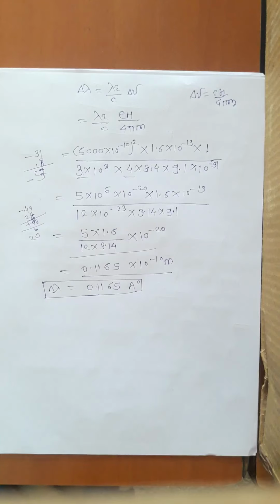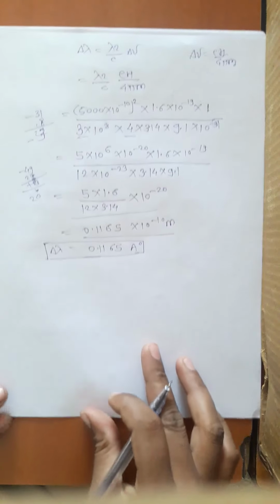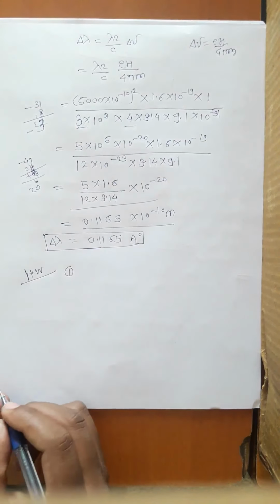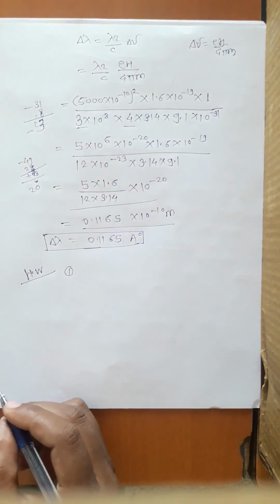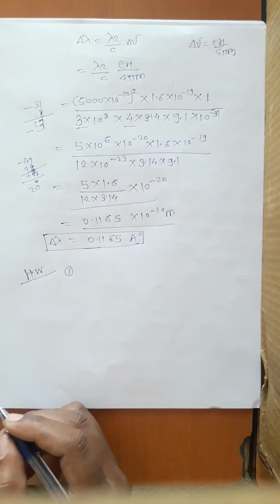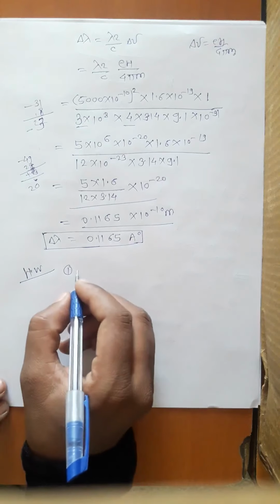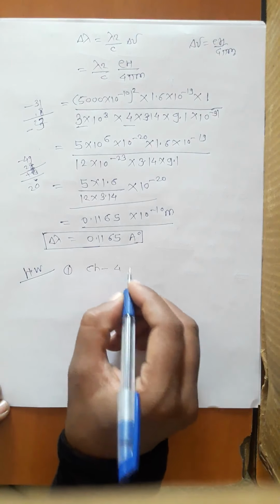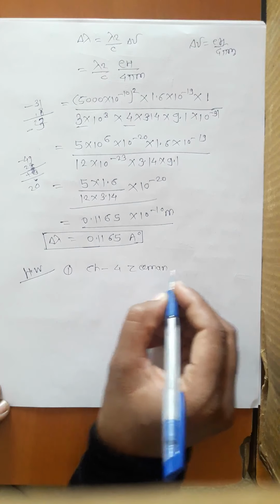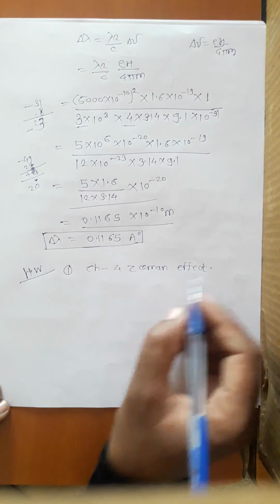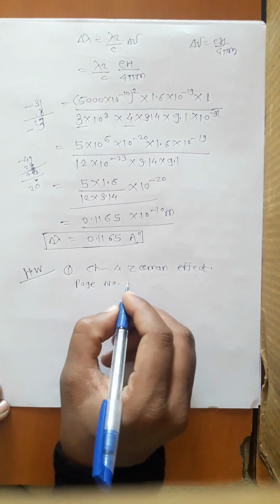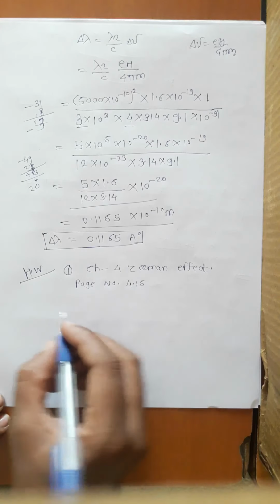Now the remaining problems you have to do as homework. These are in chapter 4, Zeeman effect, page number 4.16.